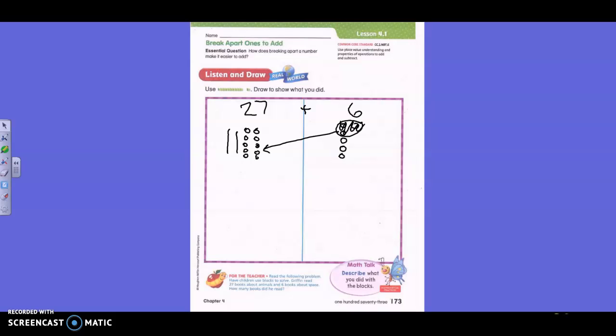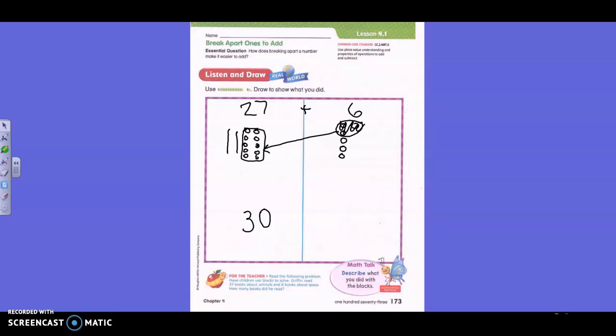Now, this made 10 now, so I want you to put it in a box to show that it's 10 now. Okay? So now how many 10s do we have, guys? 3, which is what number? 30.